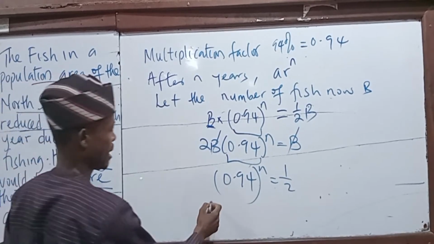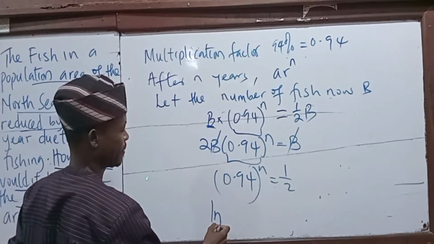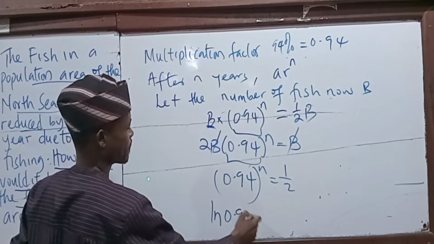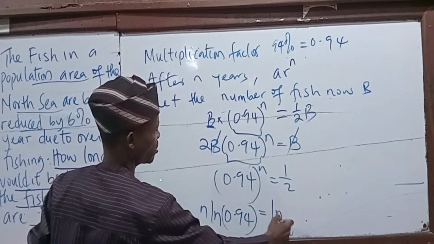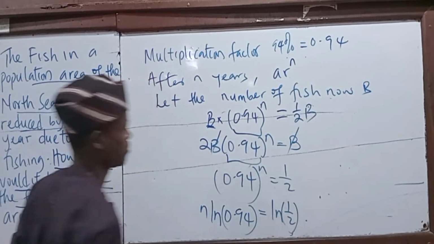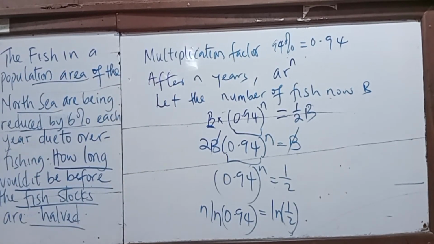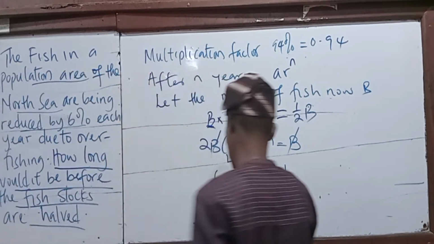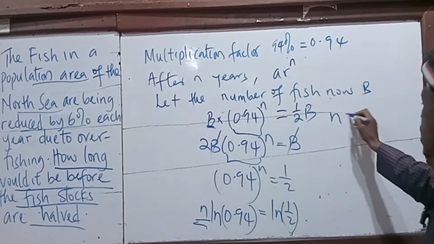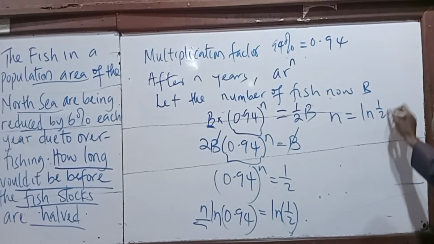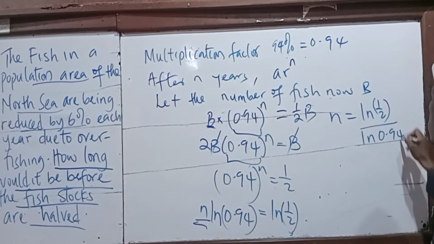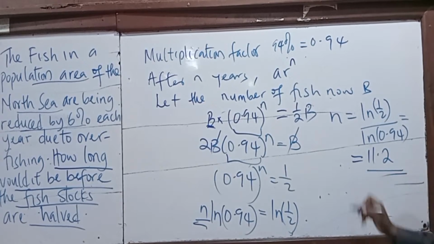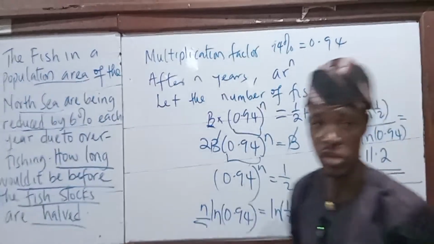So that will be n times the natural logarithm of 0.94, the power comes to the front, equal to ln of 1 over 2. Then we can make n the subject, so n is equal to this over ln 0.94. That'll give us 11.2.